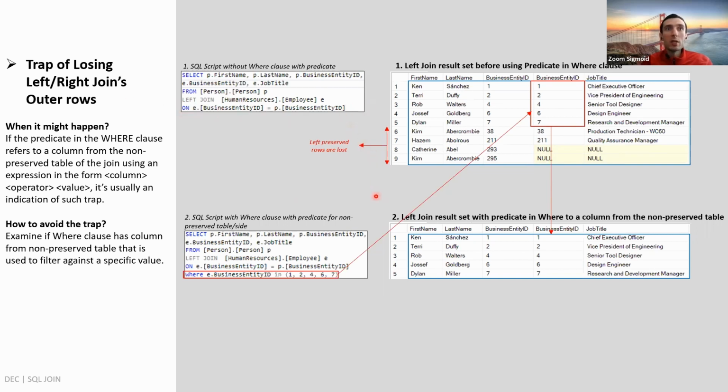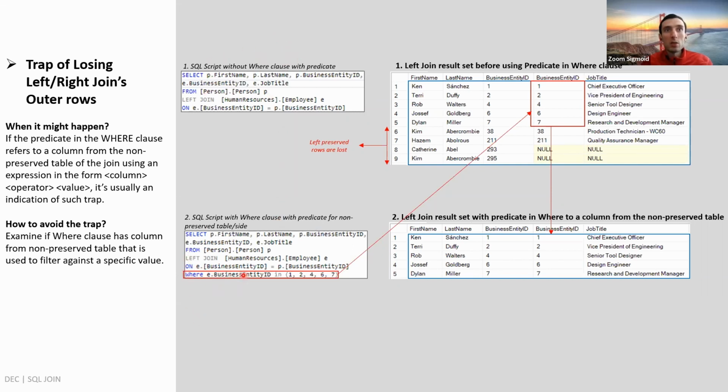And now when this trap might occur, or when it can appear, so that these outer rows disappear, it might appear when, for example, you use this script, which is the same as this, and you just add a where clause.